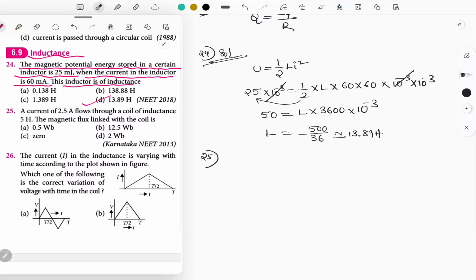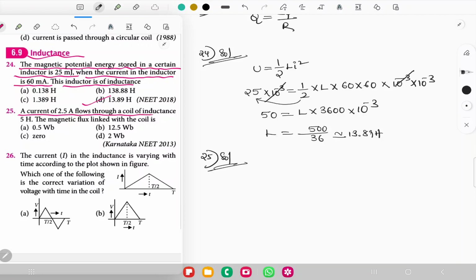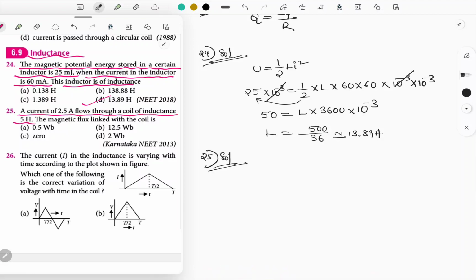The next question is also of the same type. A current of 2.5 ampere flows through a coil of inductance 5 henry. They are asking for the magnetic flux. What's the formula for flux linkages? Flux linkages, or total magnetic flux, is equal to L into I, which is called the total flux. Flux linkages is nothing but total flux.